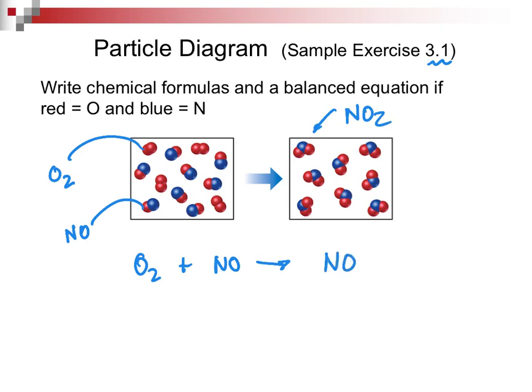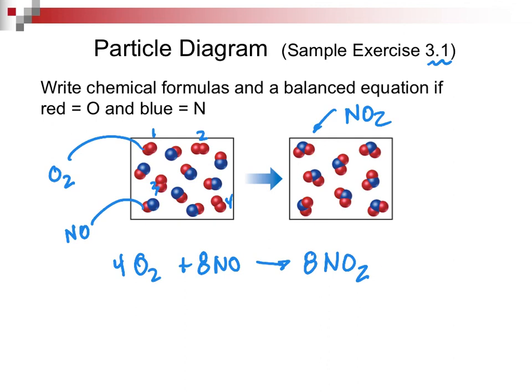If I look at this equation, it is definitely not balanced. So there's many different paths you can follow. I'm just going to count. I have 1, 2, 3, 4 oxygens. If I count them carefully, I have 8 NOs. If I go count my product side, I have again 8 NOs.